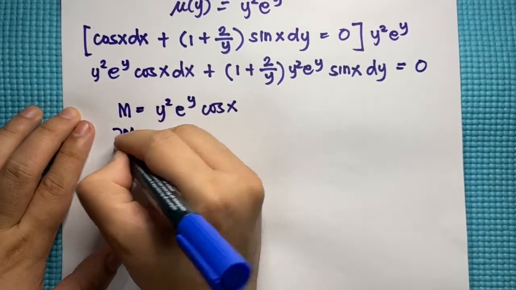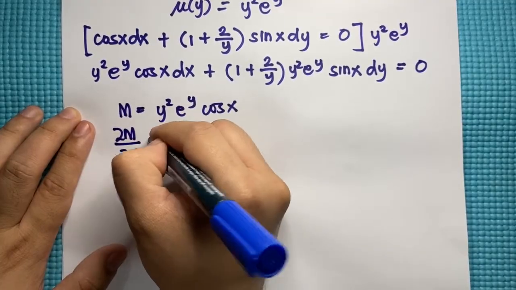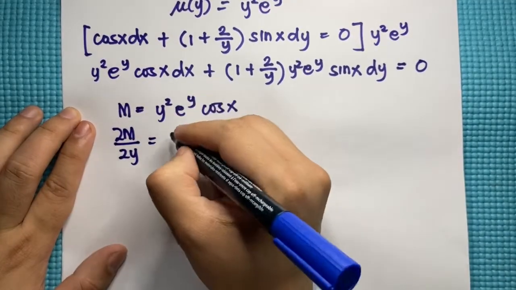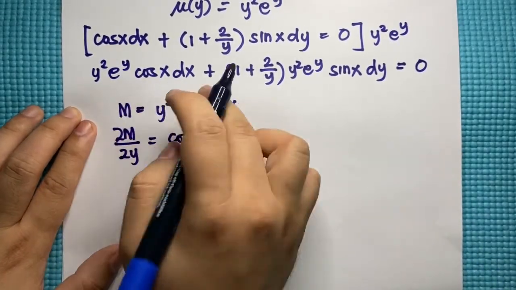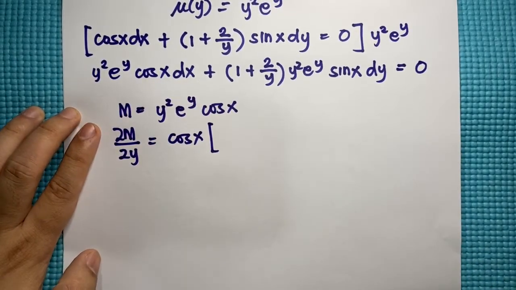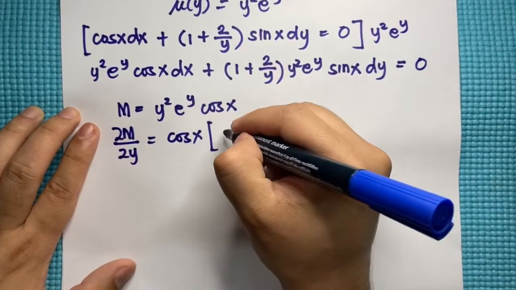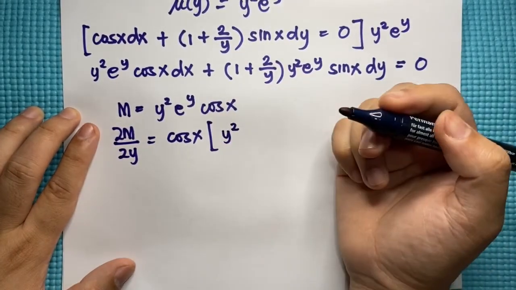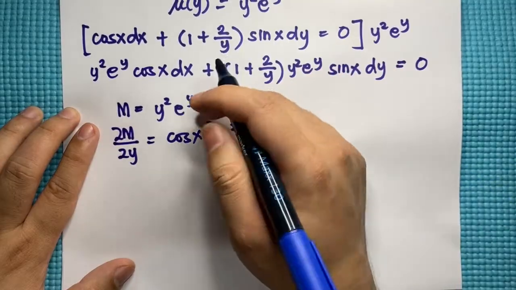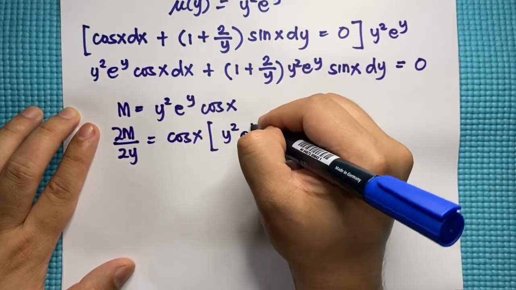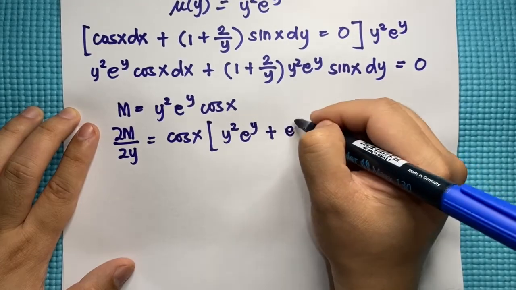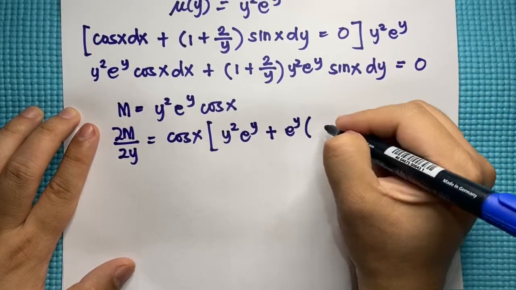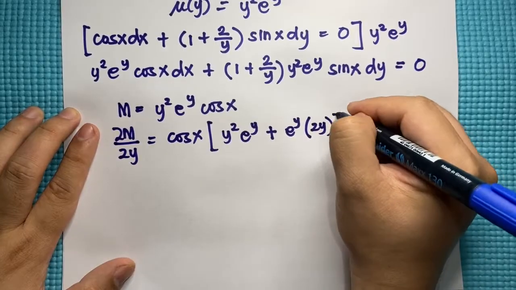So the partial derivative of M with respect to y will be, I'll have cosine x first, and then multiplied with the derivative of y squared e^y, using the product rule. So we'll have y squared, then derivative of e^y is e^y, plus e^y, derivative of y squared would be 2y.